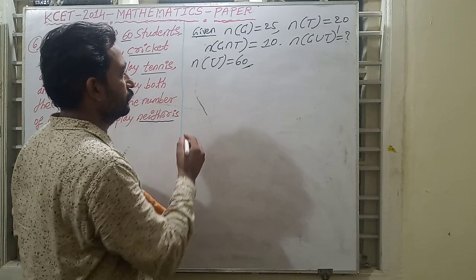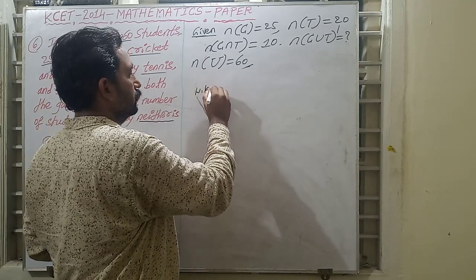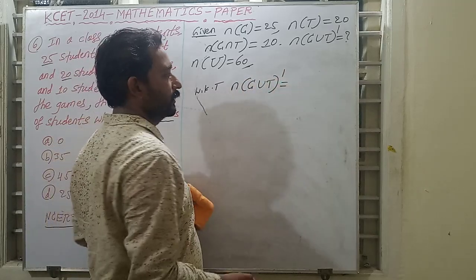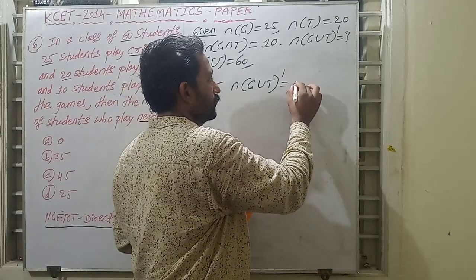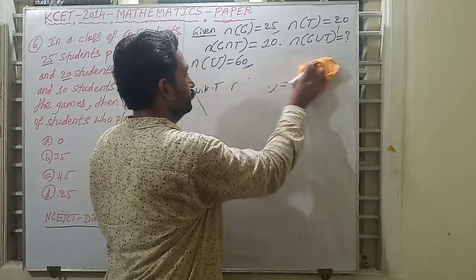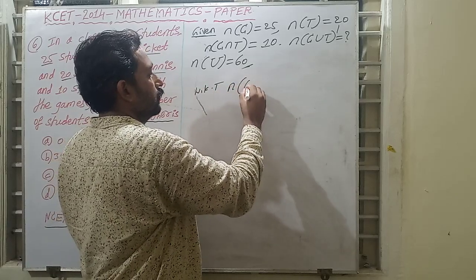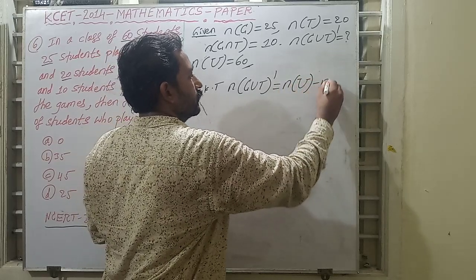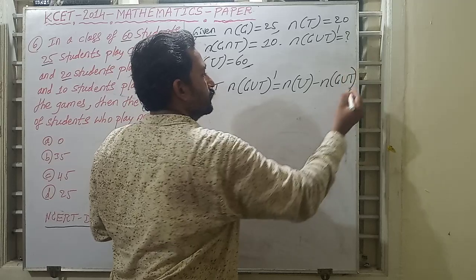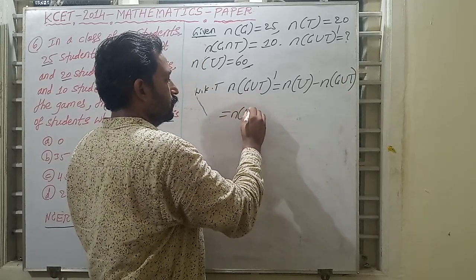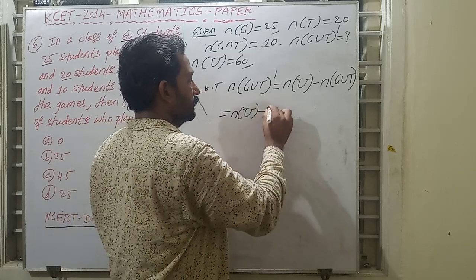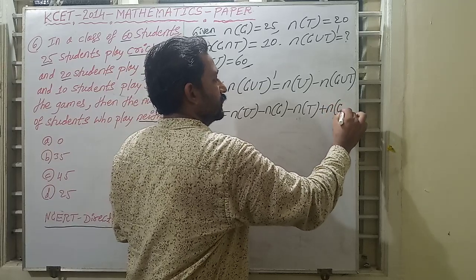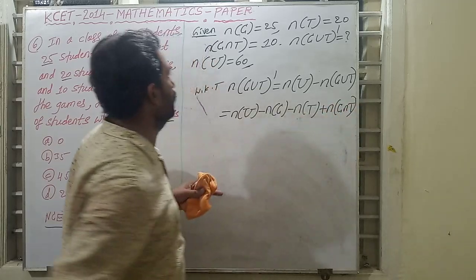Using the complement rule, n of C union T whole complement can be written as n of universal set minus n of C union T. And n of C union T is n of C plus n of T minus n of C intersection T. All values are given.